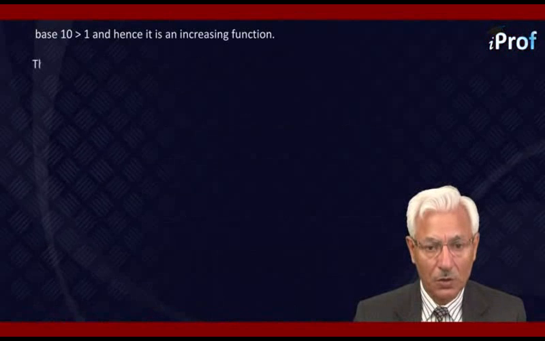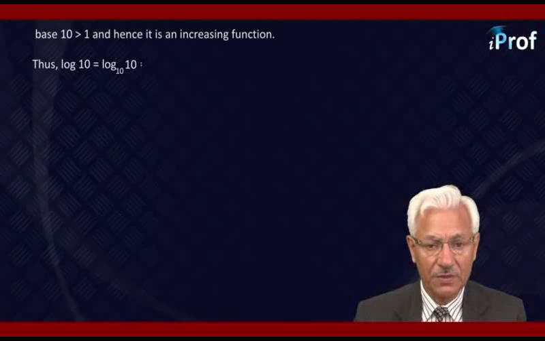Also, log 10, when the base is not mentioned, it means log of 10 to the base 10, which is equal to 1. Log of 100 is equal to log of 10 square to the base 10, because base is not mentioned, therefore it will be taken as 10.